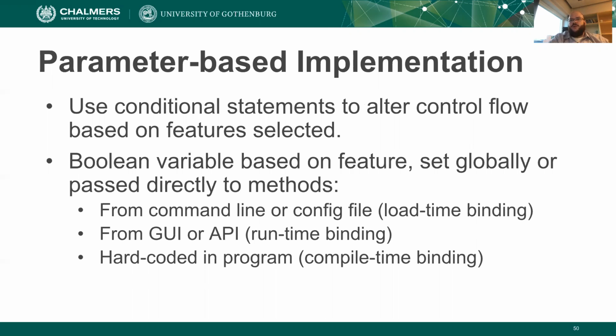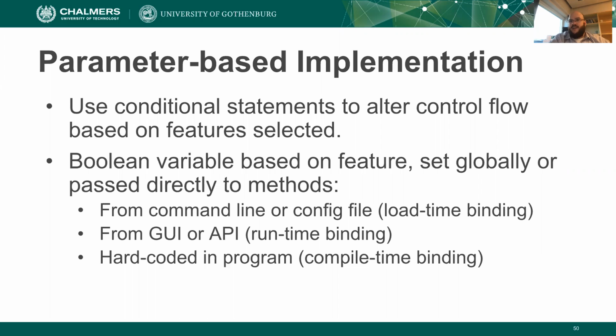We make decisions when we run the code by passing in our choices from the command line or using some kind of configuration file. In other cases, users could change parameters using a GUI during runtime and change the situation or the system while it's running, or as part of an API request. Like I said before, maybe make a post request to your REST API with a set of options that should be used.